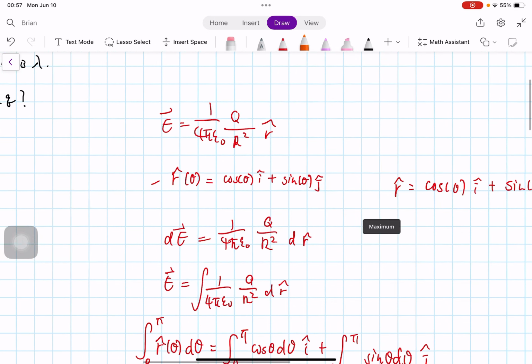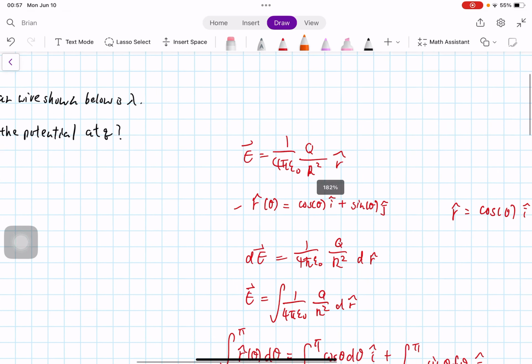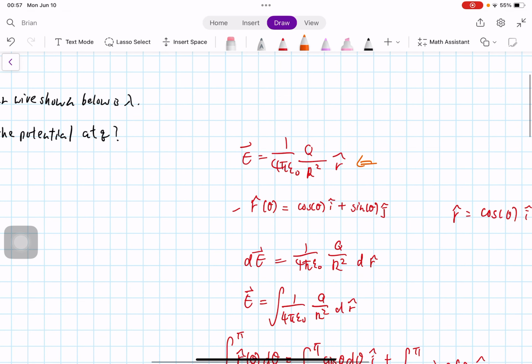So here, after I expressed E in terms of this equation, which is very standard by Coulomb's law, I expressed my r hat in terms of the Cartesian coordinates with theta here.